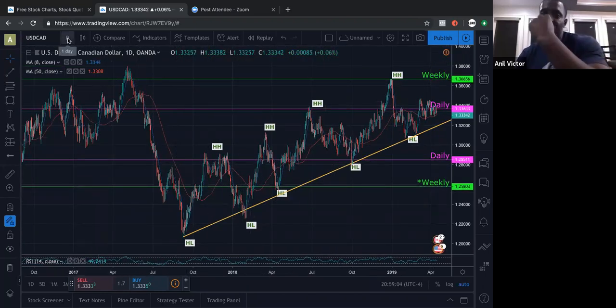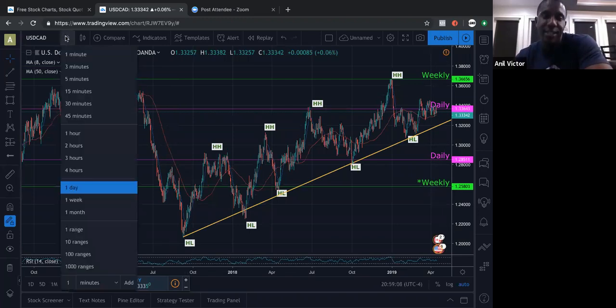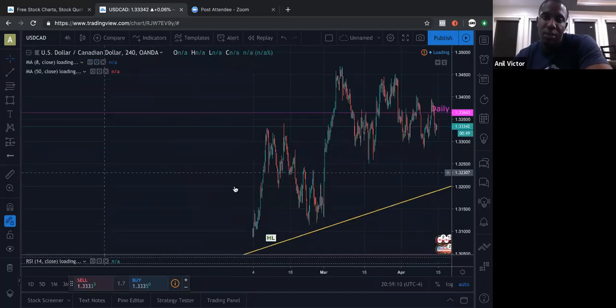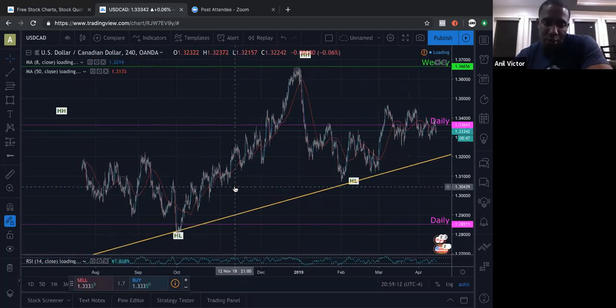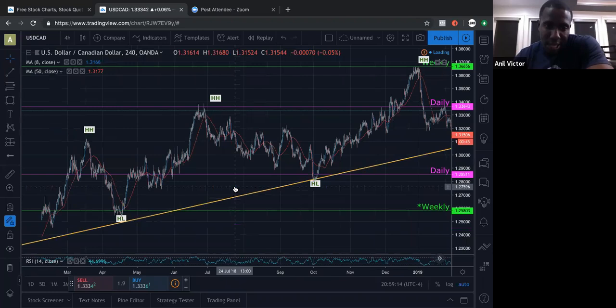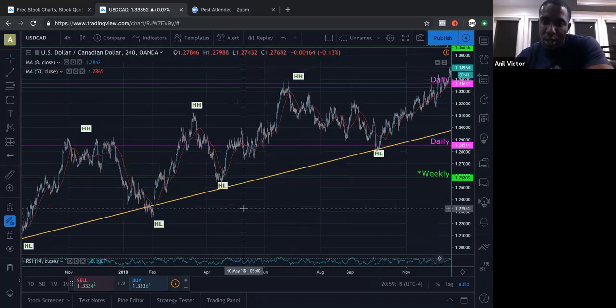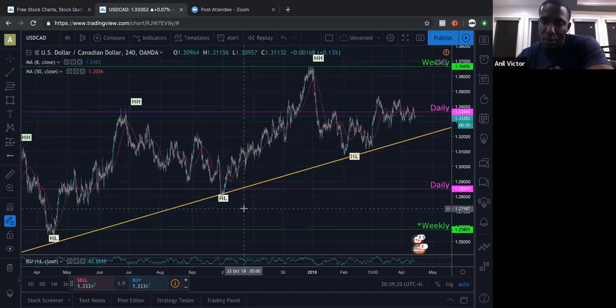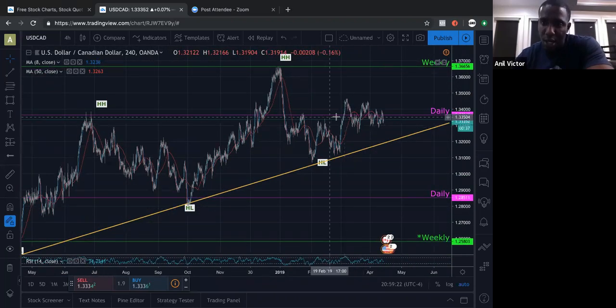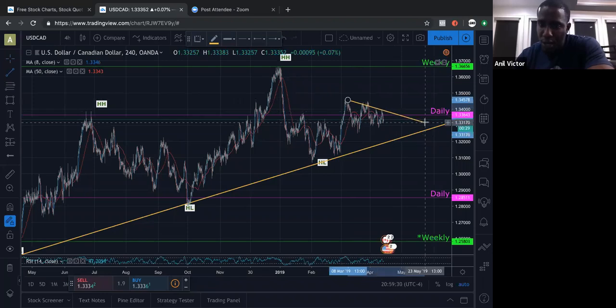Now what we want to do is go a little bit further in depth, right? We want to look at the hourly time frames. So let's look at the 4 hour first, right? So as we can see, price is uptrending nicely. It's uptrending, it's uptrending, it's uptrending. And now we have reached this area of consolidation. Well, actually, this could be a symmetrical triangle.